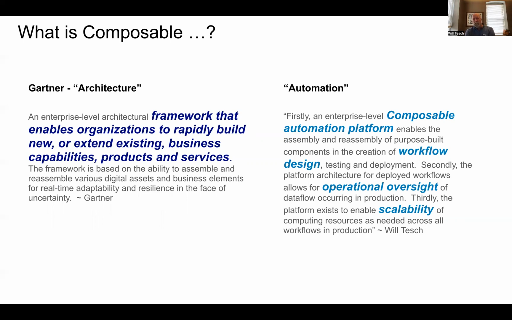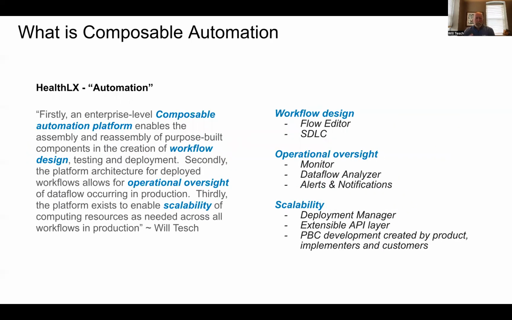But the automation means that you should have ideas like workflow design, operational oversight, and scalability core to that platform, hence composable automation. I'm going to talk a little bit about workflow design, operational oversight, and not talk so much about scalability, because this is a time-constrained presentation. And more intently, I'll just focus on workflow design.